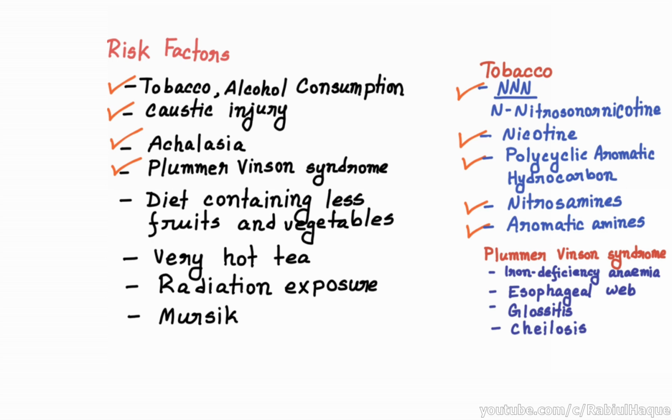The next risk factor that we will talk about is diet that is deficient in fruits and vegetables. Now, in many studies, it has been seen that individuals who have taken sufficient amount of fruits and vegetables in their diet have a lot of health benefits. They have higher levels of fibers, beta-carotene, folate, vitamin B6, vitamin C, etc. in their diet, and these nutrients have a protective role, and these individuals have less risk of developing esophageal cancer as well as gastric cancer.